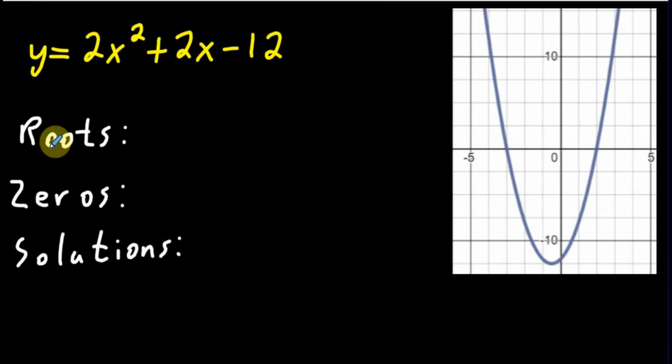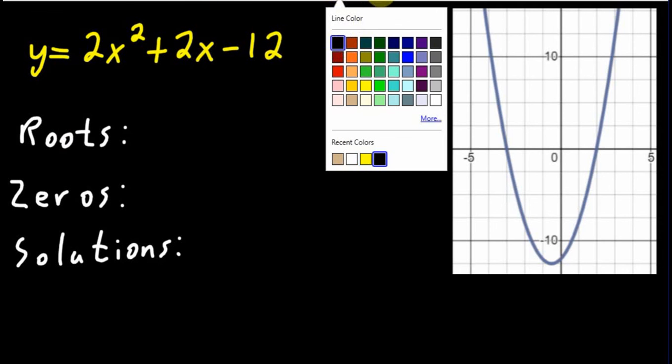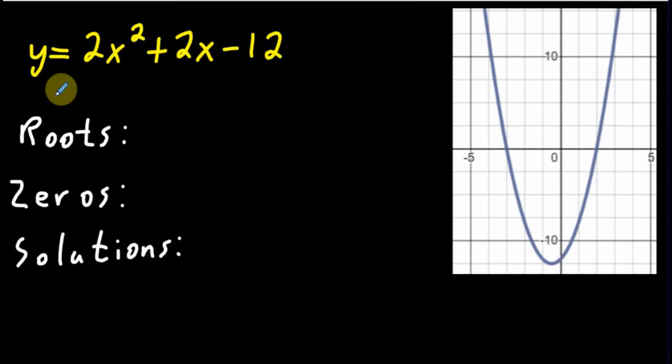So if we go to this equation here, here's our equation, our function, graphed over here. You can call them roots, zeros, or solutions. You can call them x-intercepts. It's all the same thing.